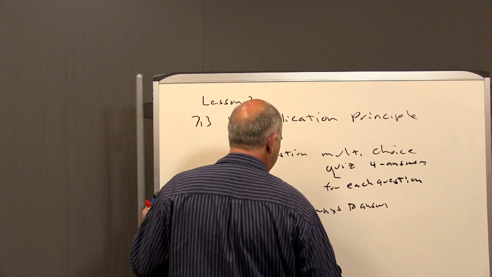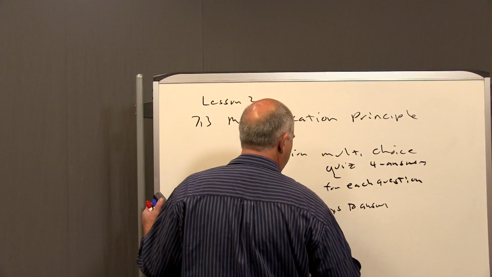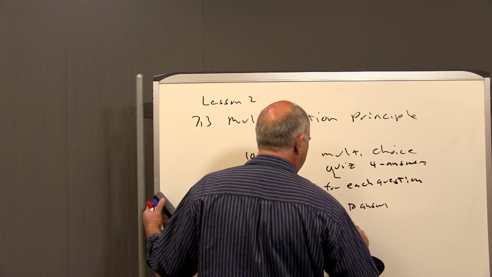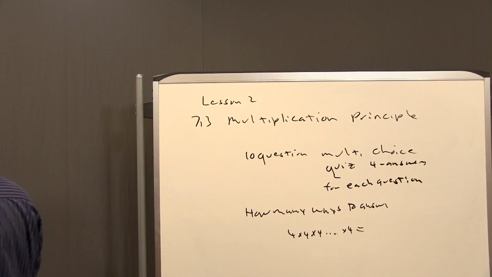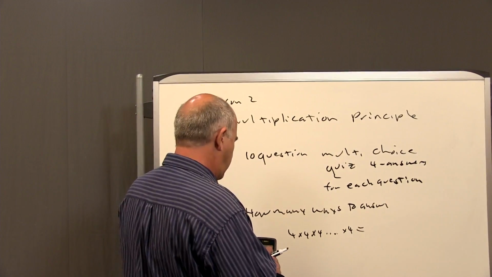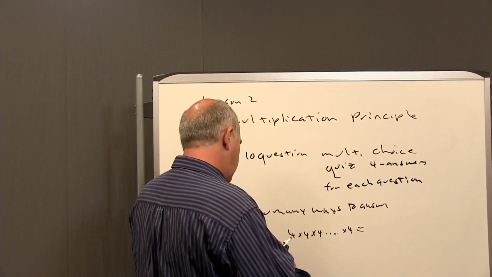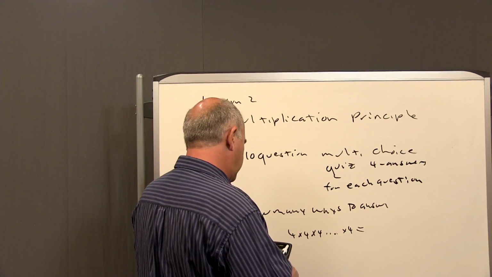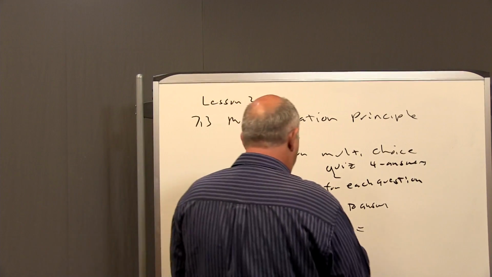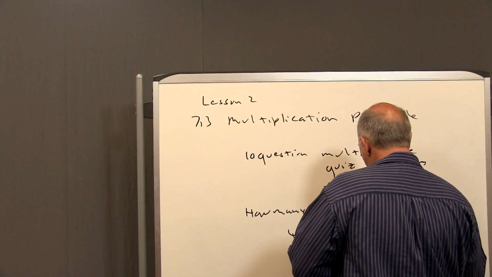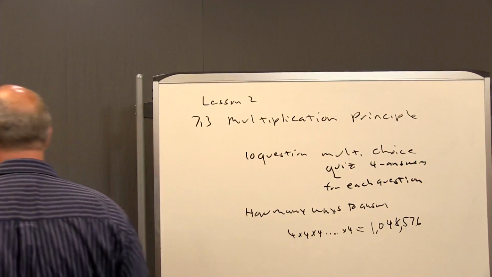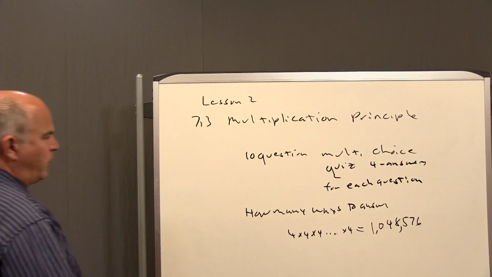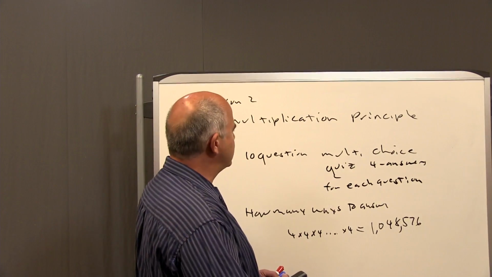Well, we have 4 ways to answer the first one, 4 ways to answer the second one, 4 ways to answer the third one, and so on, times 4. I think we did this one in one of our other videos, but I'll just do it here. 4 to the 10th power is 1,048,576. Just as an example.